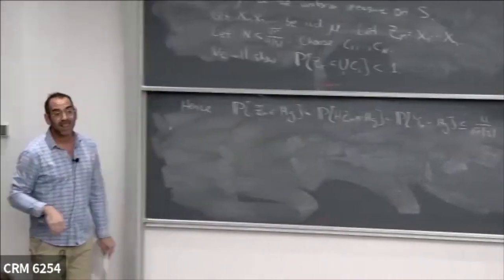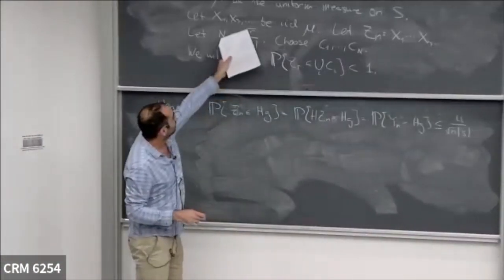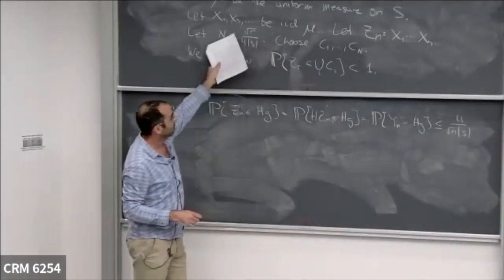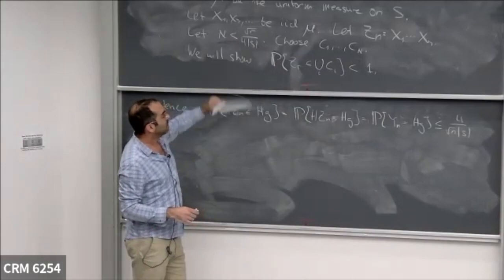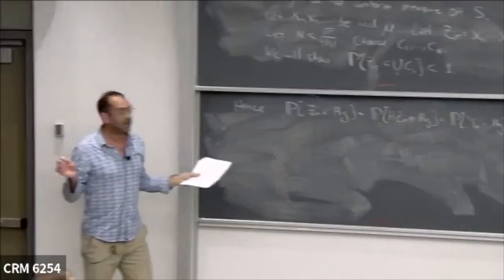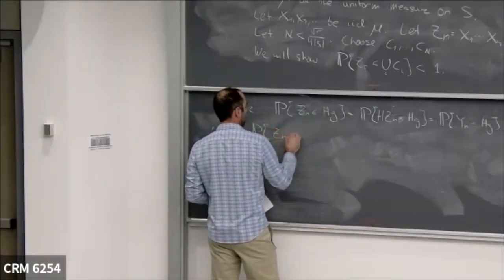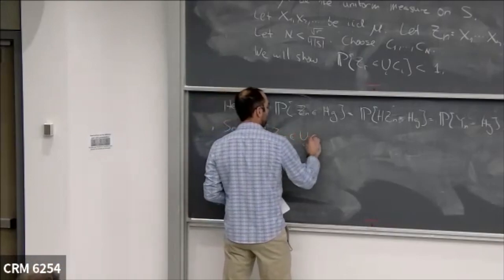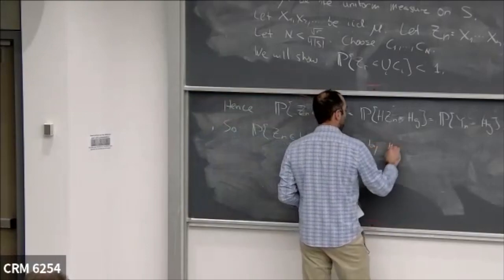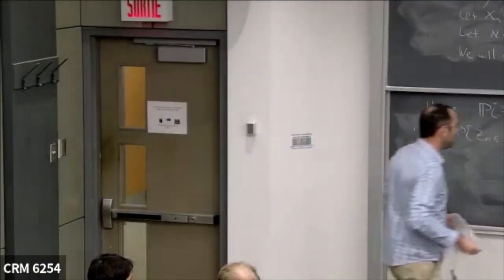Now, if I have less than 1 over this number, then by the union bound, the probability of being in their union is less than 1. So the probability that Zn is in the union of these cosets is less than 1 by the union bound. So that's the end of the proof.